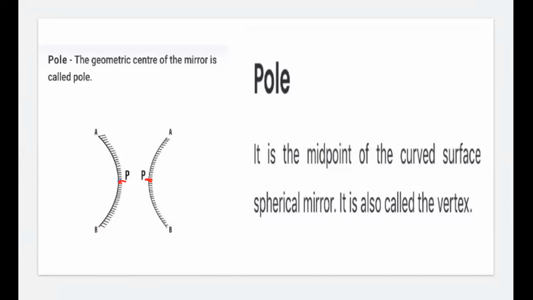Pole is always denoted by a capital letter P. So by default, when you write the geometric center of the mirror as capital P, one will understand that it is the pole of the mirror.